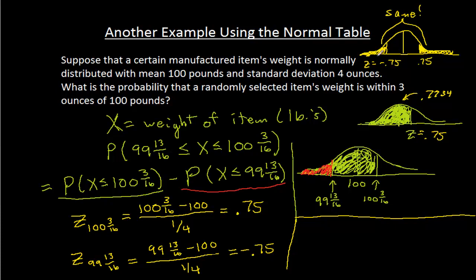And we know that this area is 0.7734. That's what we found there. So the probability that z is less than or equal to negative 0.75 is 1 minus that, because it's the same as this area, what's left over, and we know that the total area is 1.